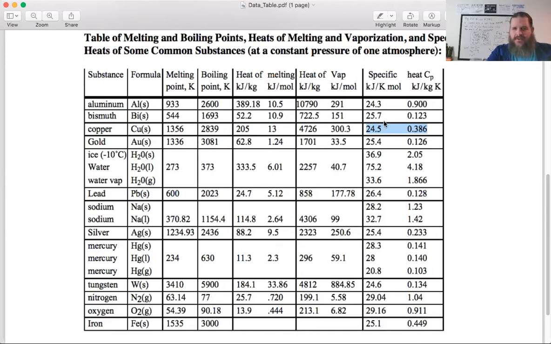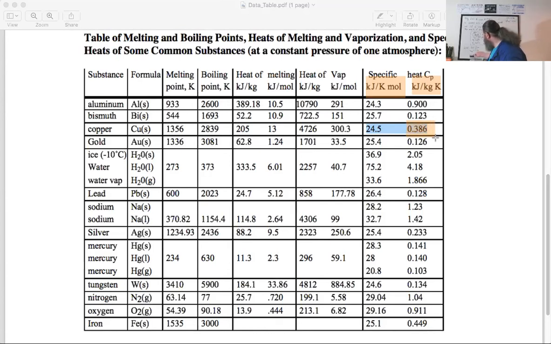Yeah, we take a look at the units. And it looks like we have units of kilojoules per Kelvin mole or kilojoules per kilogram Kelvin. Which one of those makes the most sense in the context of what we have here? Yeah, kilojoules per kilogram Kelvin, so we'll use that, 0.386.